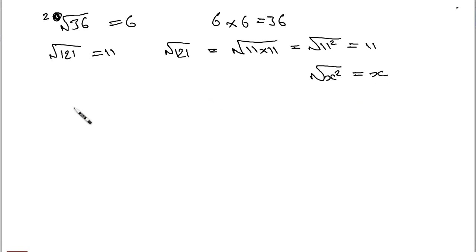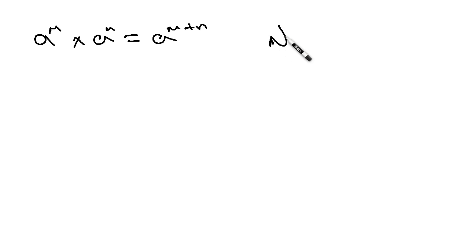Another little thing you learnt in grade 9 was this exponent rule. A to the power m times a to the power n equals a to the power m plus n. This is useful when you've got things like, let's say, the square root of a to the power 6.